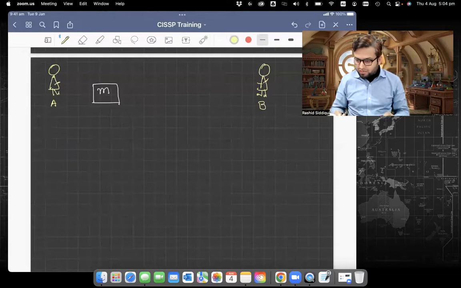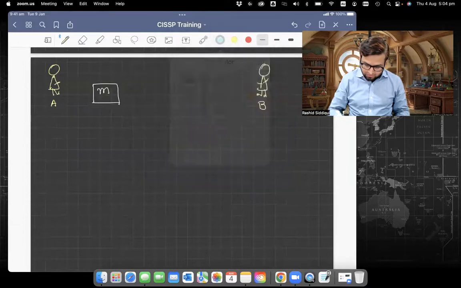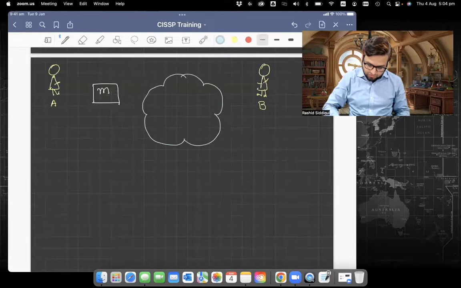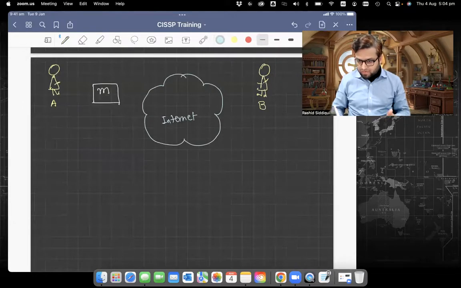But when we are talking about cryptography here, or information security in terms of CISSP, we are talking in terms of a public network, which we call the internet, right? So there is a message M, there is a user A, there is a user B, and there is a public network.